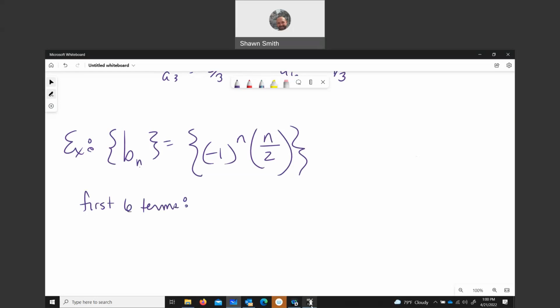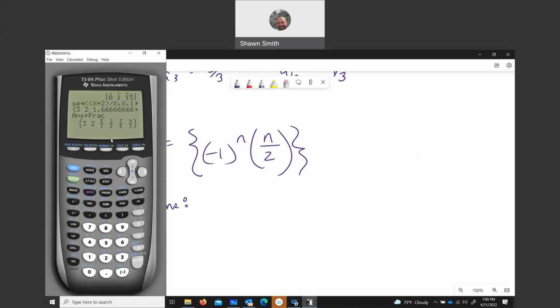Let's see, I already have most of it entered in here, so I'm gonna just change my formula right there. So if I hit second and entry, second and entry. There we go. See if I can change my formula.